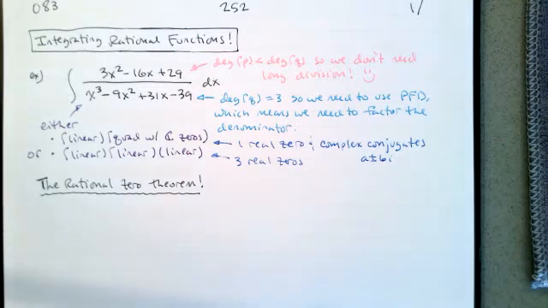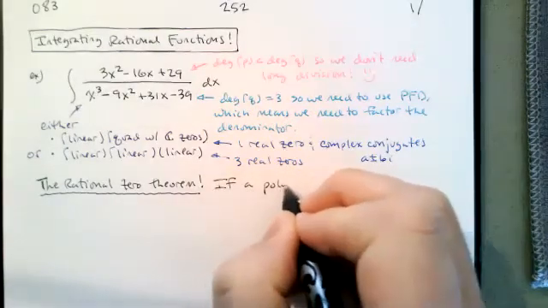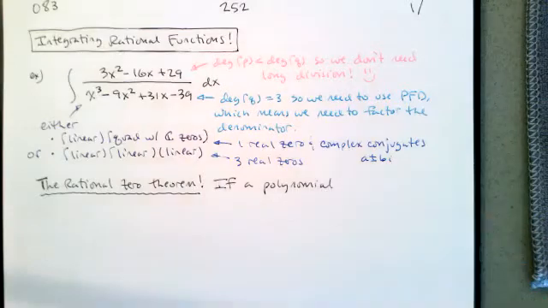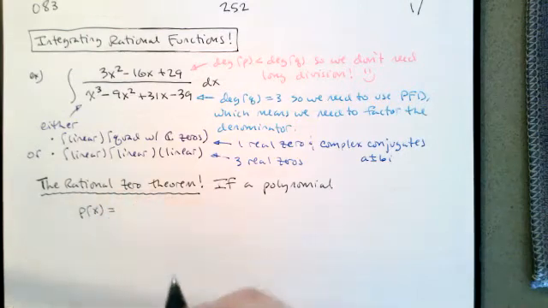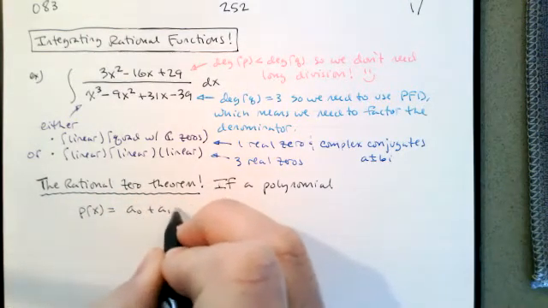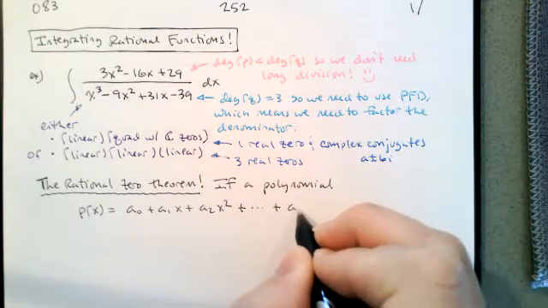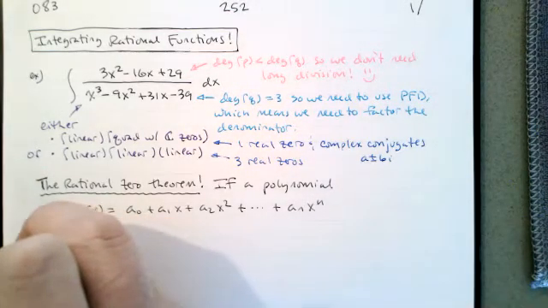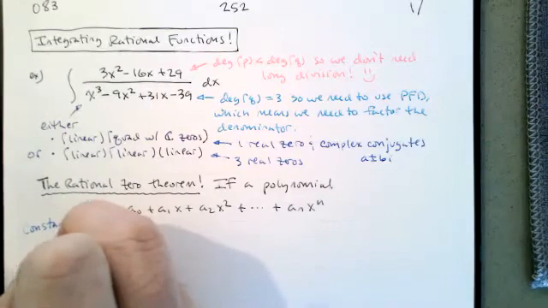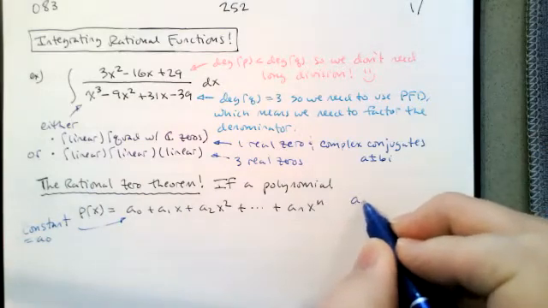So if a polynomial P of x is a0 plus a1x plus a2x squared plus up to an x to the n, a0 is the constant and an is the leading coefficient.